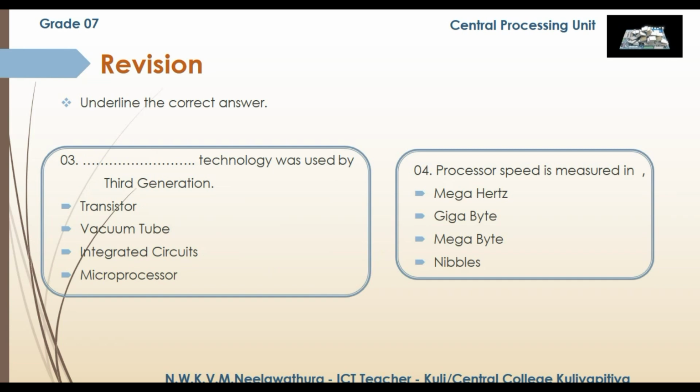Question number 3. Blank technology was used by third generation. Answers: transistor, vacuum tube, integrated circuits, microprocessor. Last question. Processor speed is measured in: megahertz, gigabyte, megabyte, nibbles.